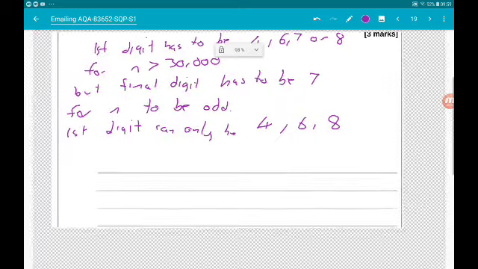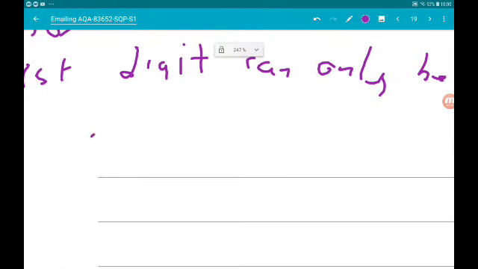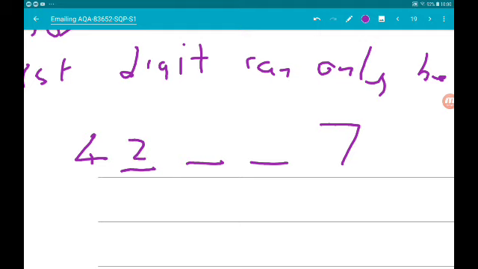So, let's say that we put 4 first. And then we got 3 digits in the middle and 7 at the end. Now, we could have 2, 6, 8. We could have 2, 8, 6.